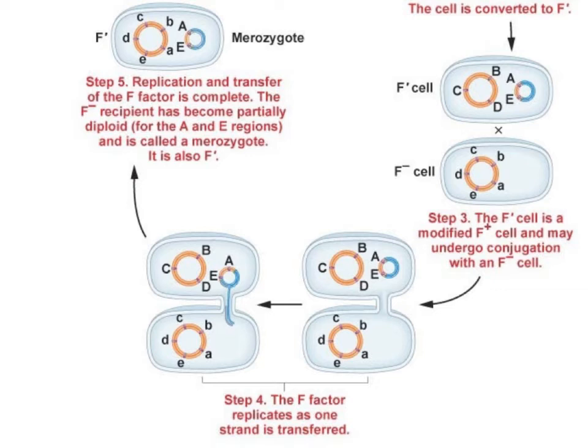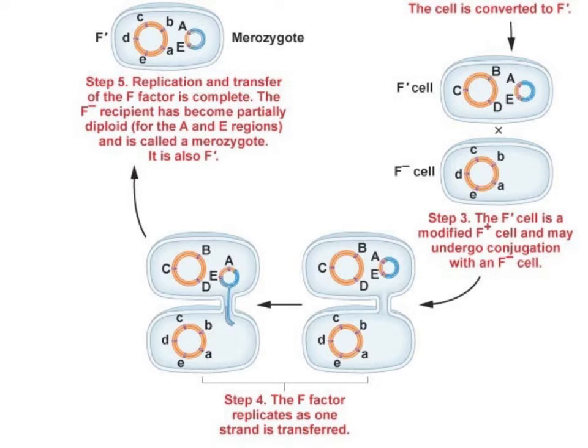Okay, they have different alleles for all 5 of the bacterial chromosomal genes. And when they form this conjugation tube and the F factor moves from one cell to the other, what we end up with, on the top left, you will see a merozygote.